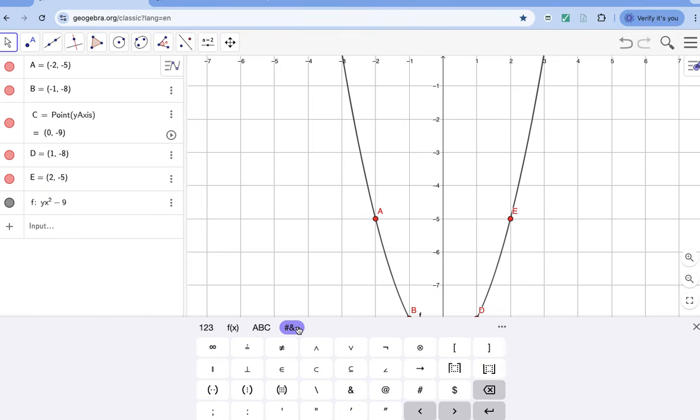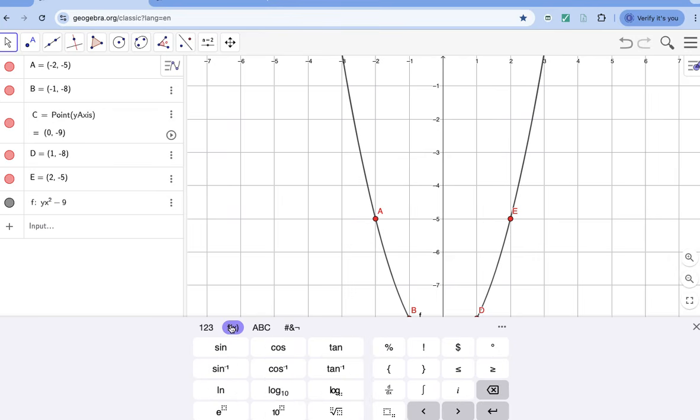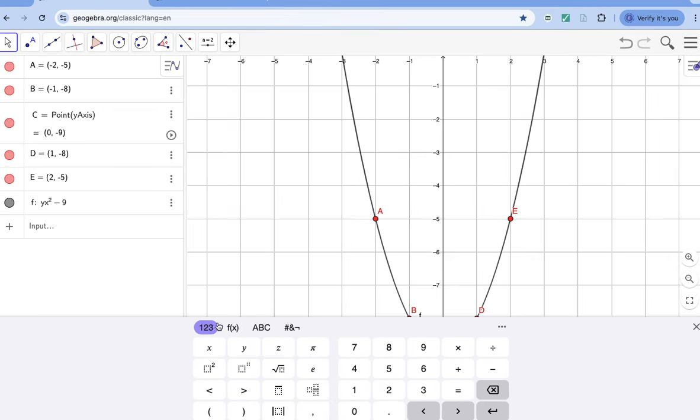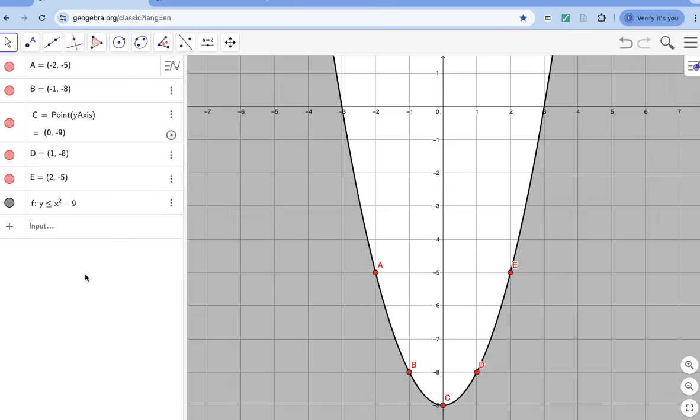Let's try to find it here. Less than or equal. Oh, there you are. I saw it. There you go. So this is how it looks like. Less than or equal. And this is how it looks like if we're going to use GeoGebra.